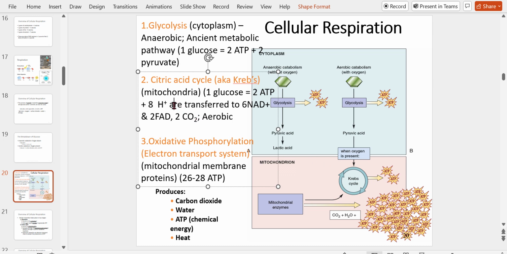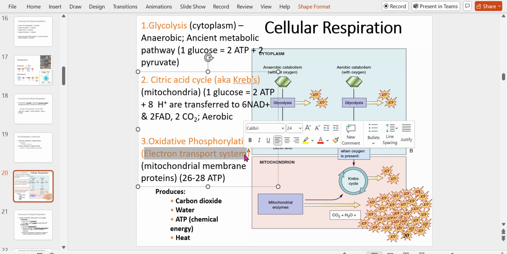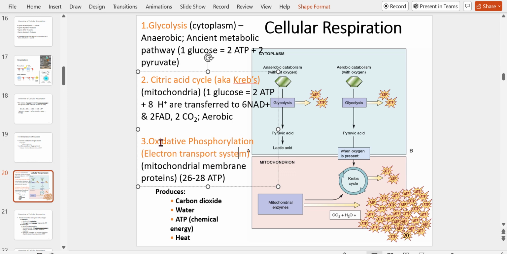But that's what's important here: from one glucose in the Krebs cycle, you're producing 8 of these hydrogen ions, which are transferred to 6 NAD molecules and 2 FAD molecules. These will become important in the next step. With these NAD and FAD molecules, now you're talking about what we call the electron transport chain, also called oxidative phosphorylation.